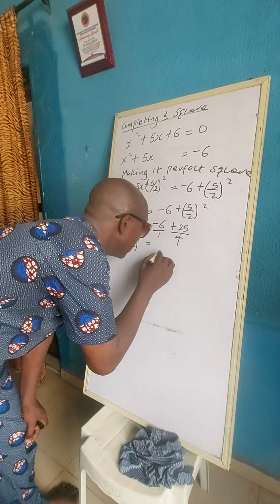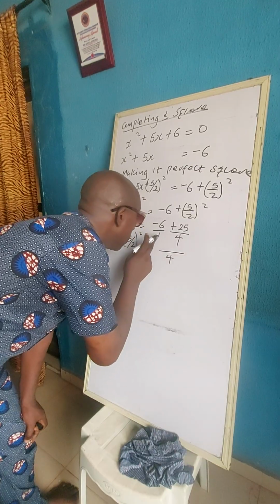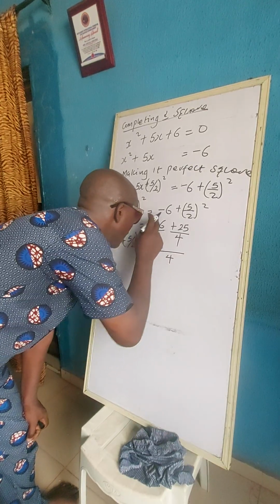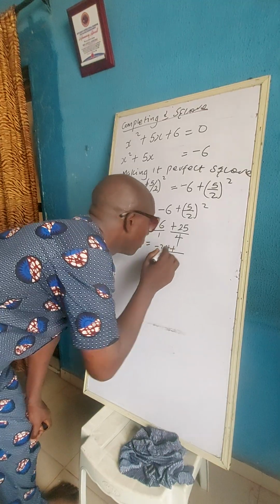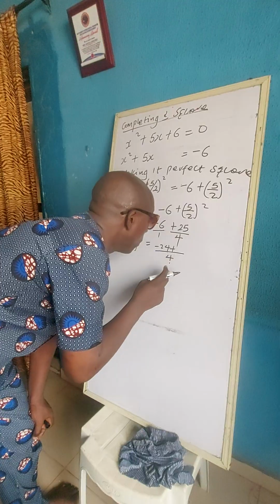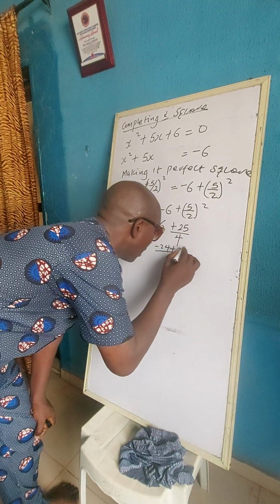Let's try to find the LCM. 4 times 6 is 24, minus 24, plus 4 into 4, 1, 1 times 25, 25.